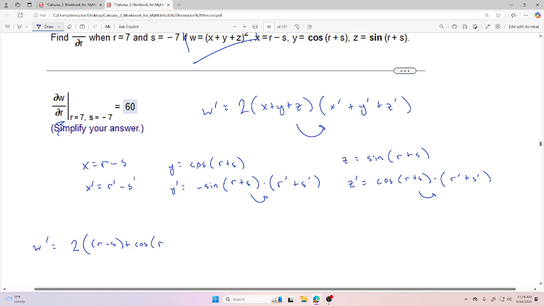If you want to, we will eventually have to do something like that. Yes, that's your call. I'm being stubborn right now and just leaving it alone. X prime is r prime minus s prime. Y prime, give me a second here. It's a minus sign.